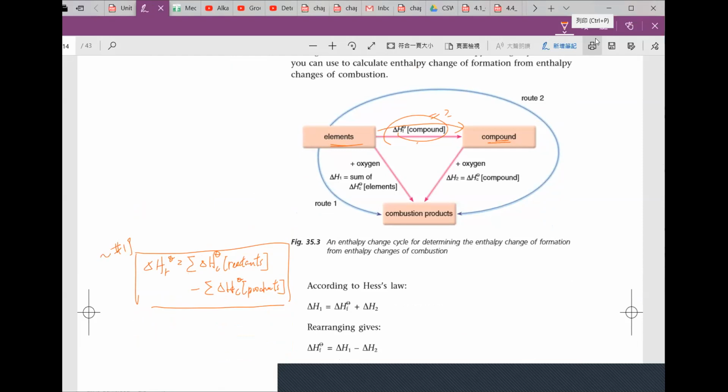Very similar. Now, one thing I would like to mention is that you will see the plus oxygen here, so you better put that inside the boxes, such that the content inside the boxes is conserved. This is what I would like to remind you once again.